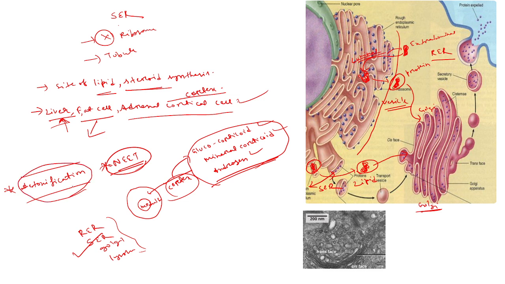And detoxification occurs in which organ? It is the liver. Maximum detoxification occurs in the liver. That's why the liver also contains a high level of smooth endoplasmic reticulum. Okay, so this is all about the endoplasmic reticulum.